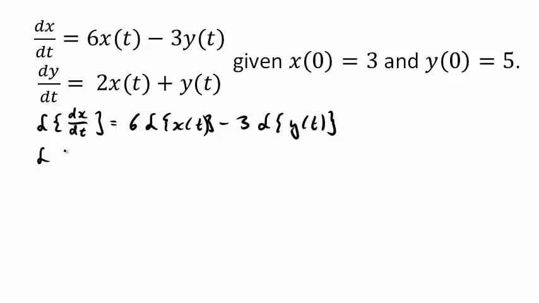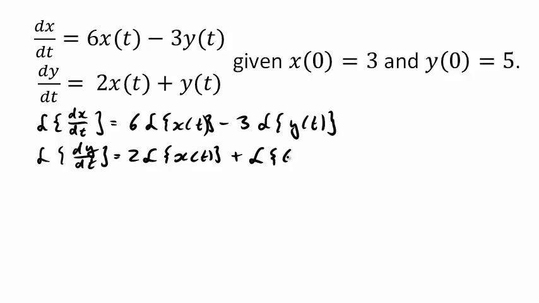And the second equation becomes the Laplace transform of dy/dt is equal to 2 times the Laplace transform of x(t) plus the Laplace transform of y(t). Now these two equations I will always have to keep together because they both have to be fulfilled.